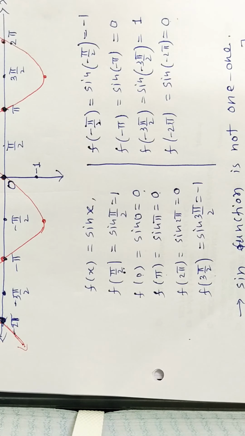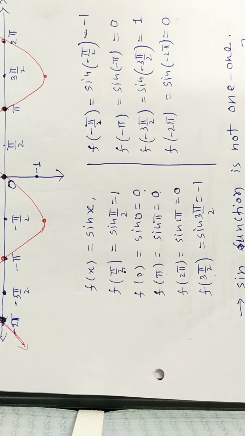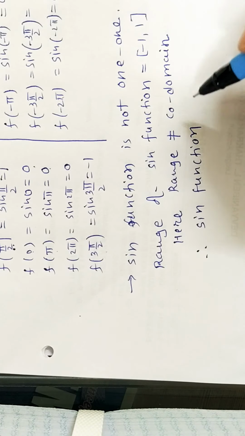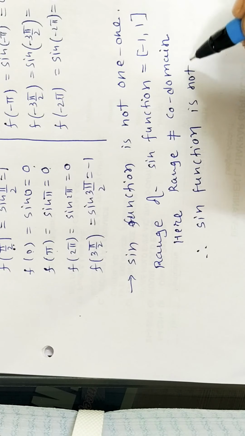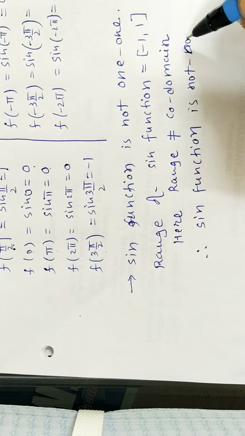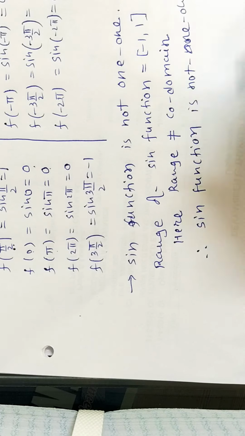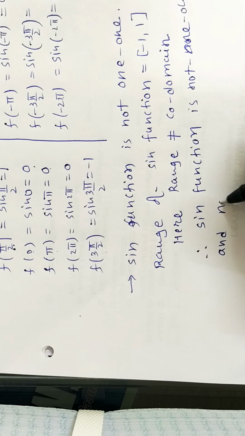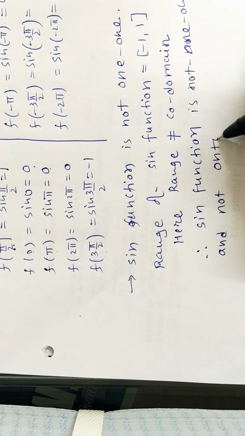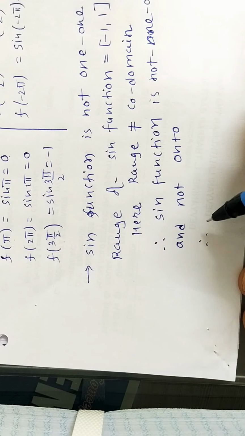Here the range is not equal to the codomain. So the sine function is not 1-1 and not onto. So the inverse of sine does not exist.